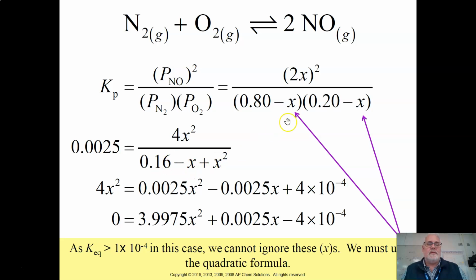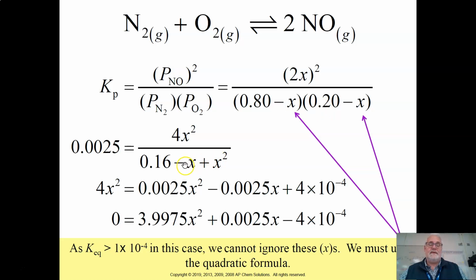Okay? Notice we're multiplying these things through here. X times x, they're negative, would give you a plus x squared. And you carry these things through when you get a minus 0.8x and a minus 0.2x.